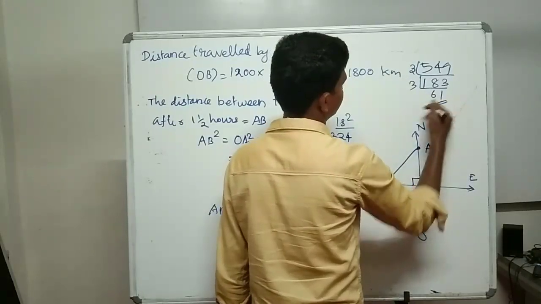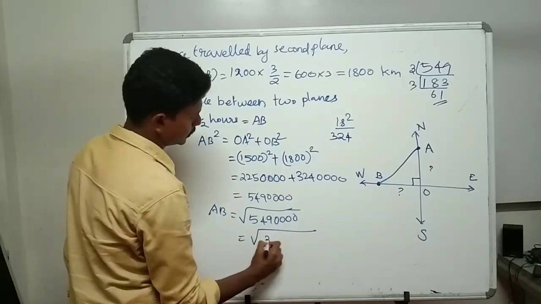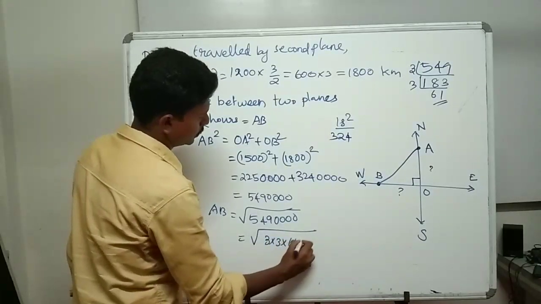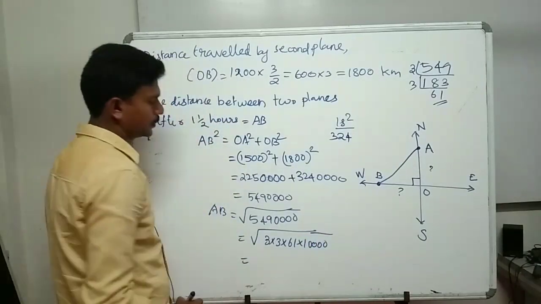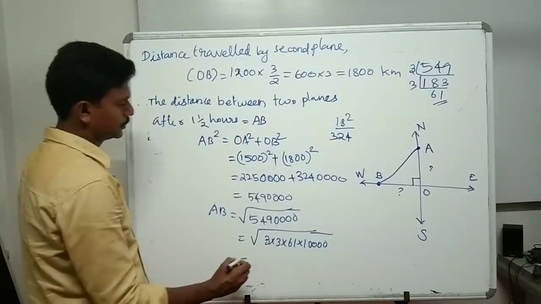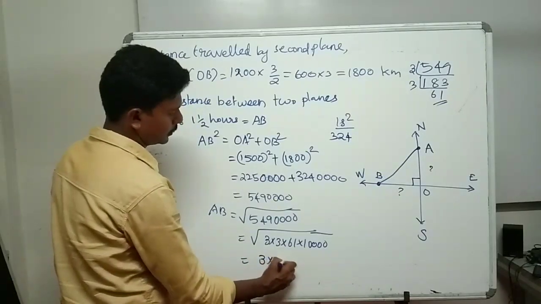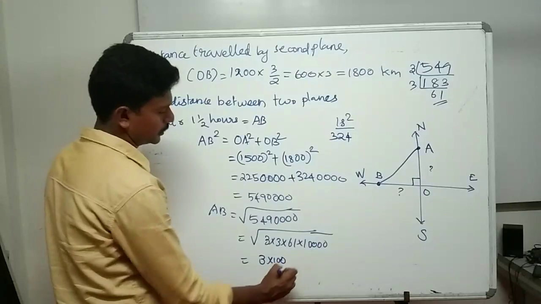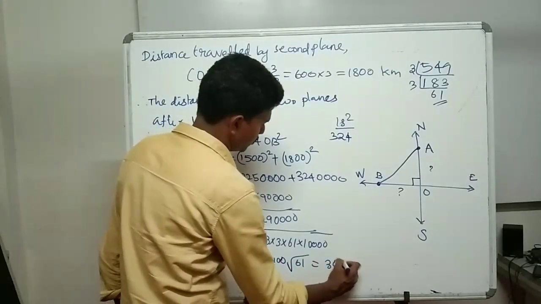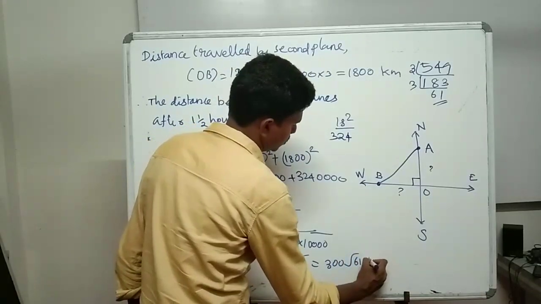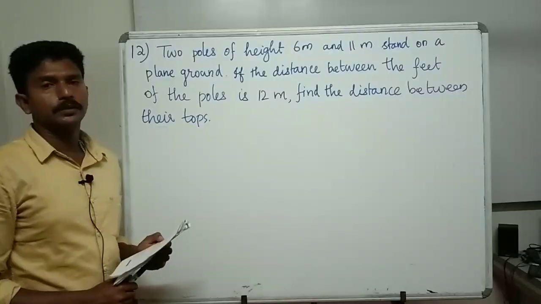We cannot do anything with 61. So we can factorize this as 3 into 3 into 61 into 10,000. We can take one 3 outside. The root of 10,000 is 100, into root 61, which is 100 root 61. That is the difference between the two planes.